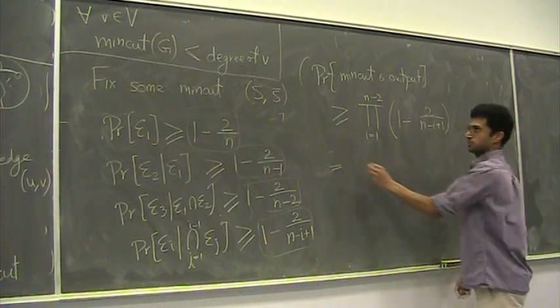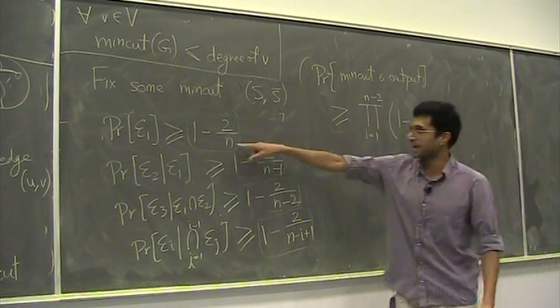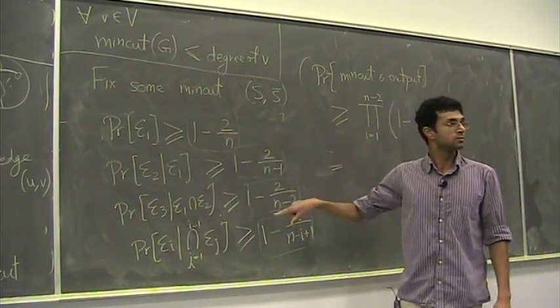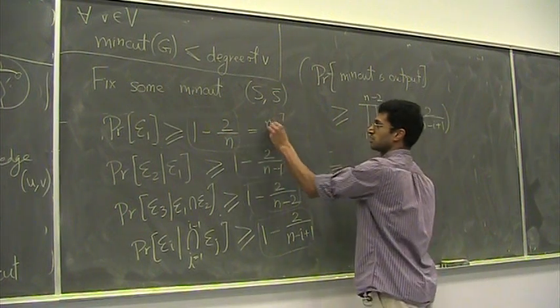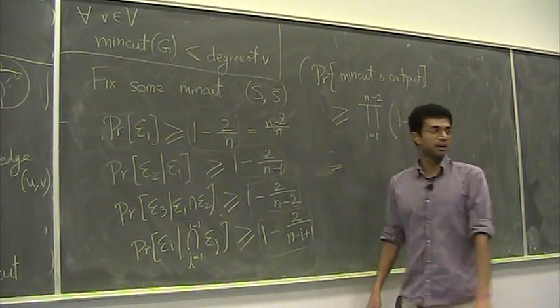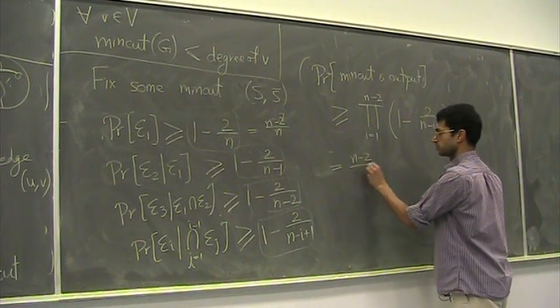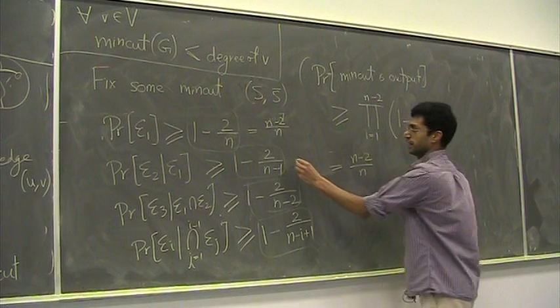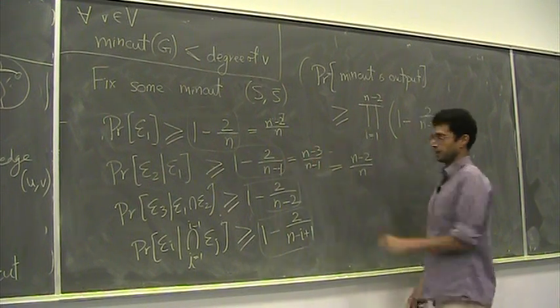So this looks somewhat daunting, but let's just write out each of these. What is this? I could write this just as n minus 2 divided by n. And what is this? n minus 3 divided by n minus 1.